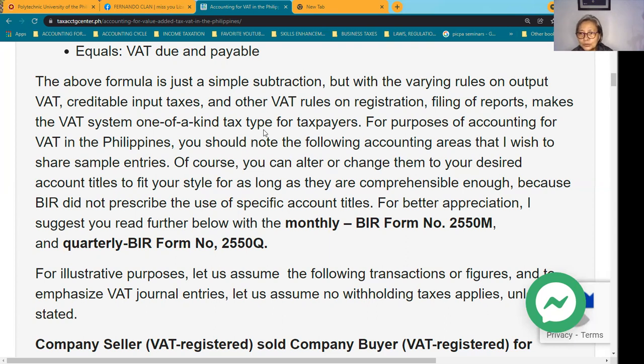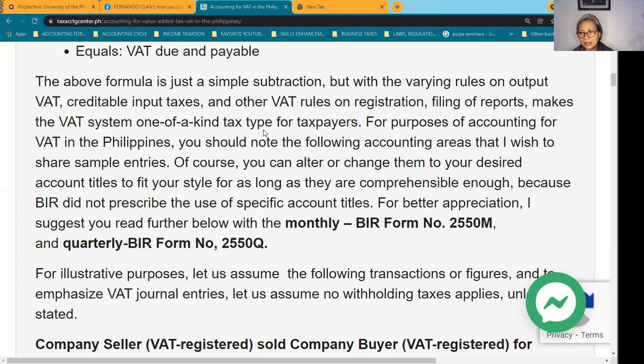Lahat ng output tax mo, ide-debit mo kasi naka-credit yun, di ba? Yung monthly mo, i-close natin. To close it, debit output tax and credit input tax.